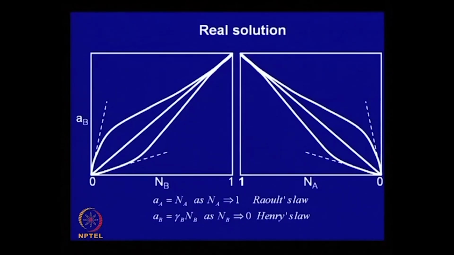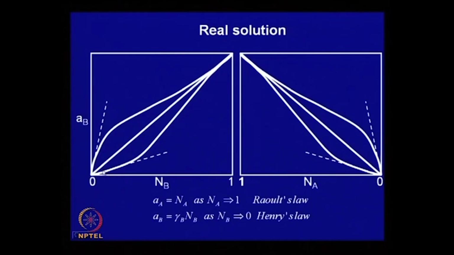Now, if you plot the activity of an ideal solution against atom fraction, then the activity equal to atom fraction is given by this line at 45 degrees. So this is the case for an ideal solution, and here this is the activity.